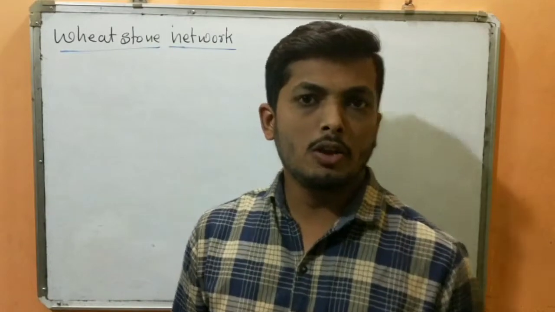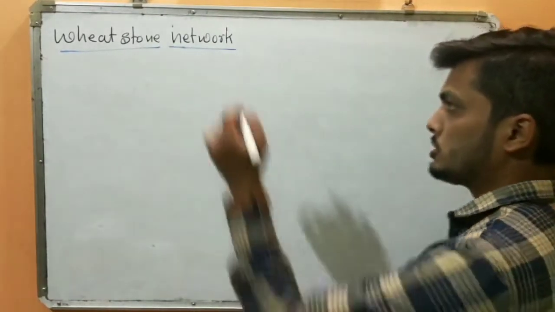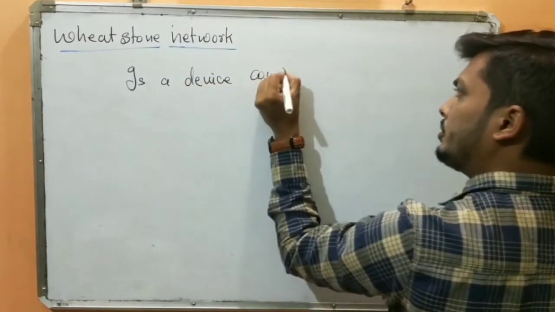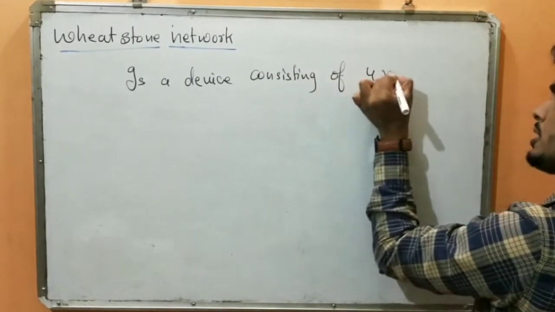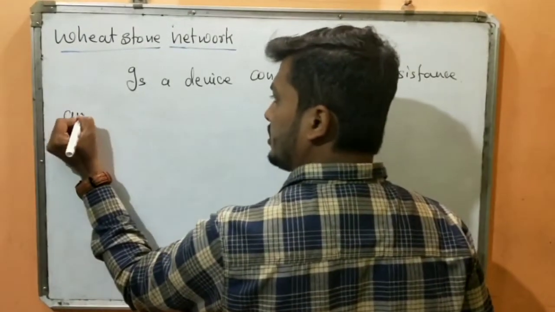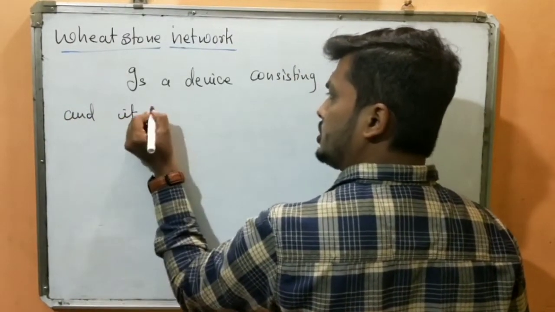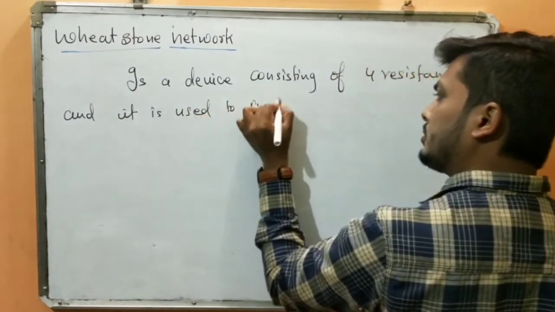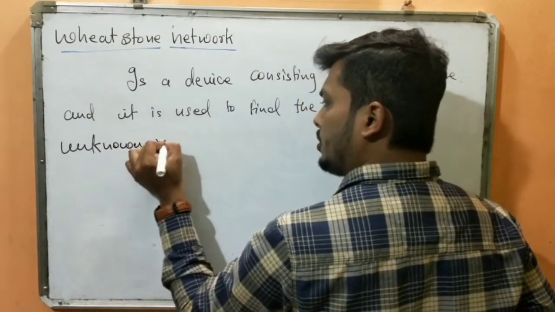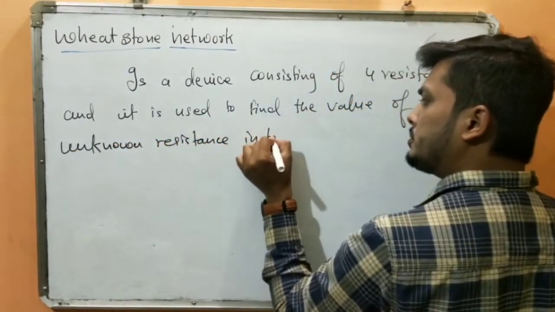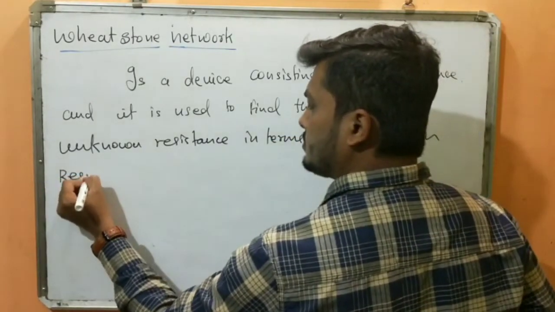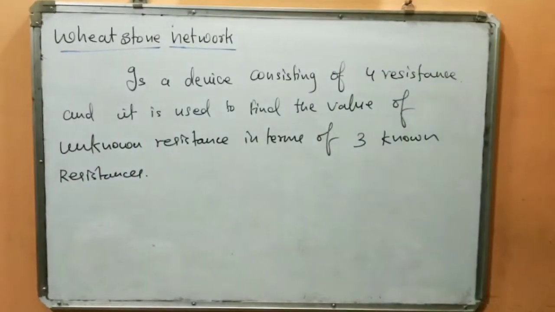So the Wheatstone network is a device consisting of 4 resistances, and we are going to find the value of one resistance in terms of the other 3 resistances. So, a Wheatstone network is a device consisting of 4 resistances and it is used to find the value of an unknown resistance in terms of 3 known resistances.